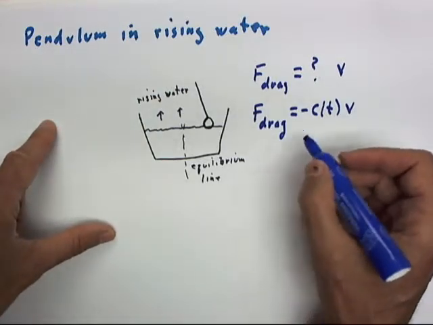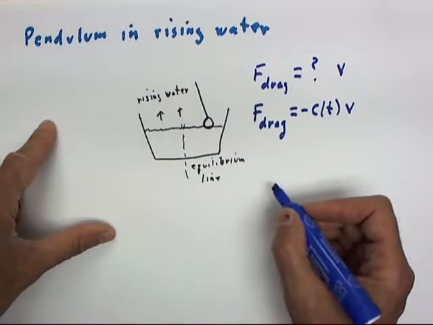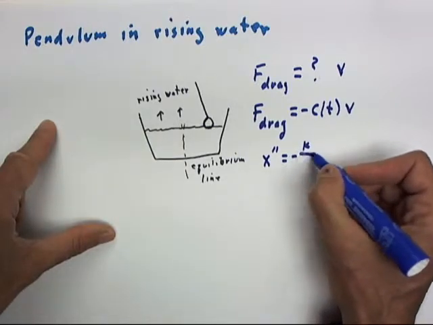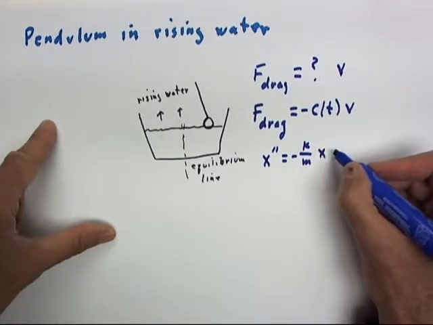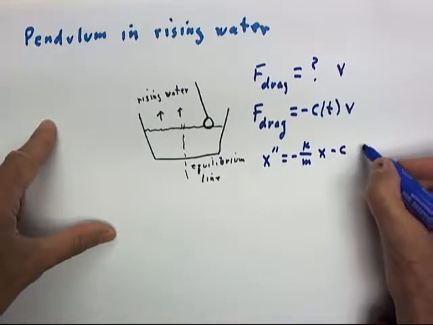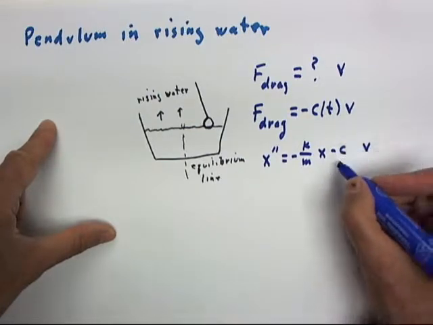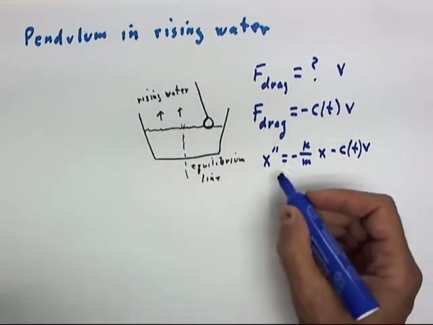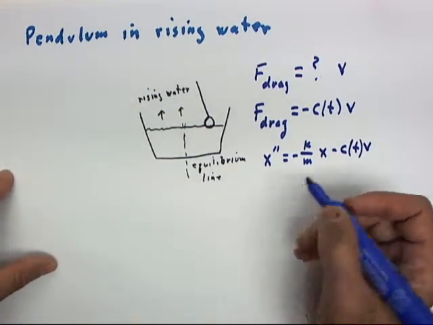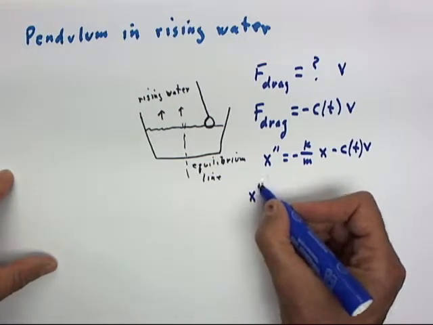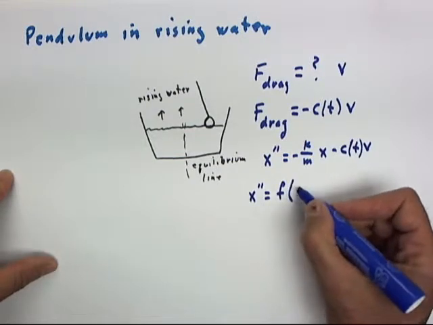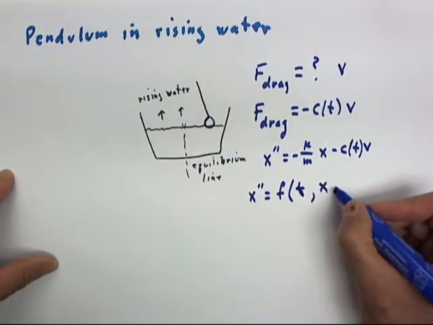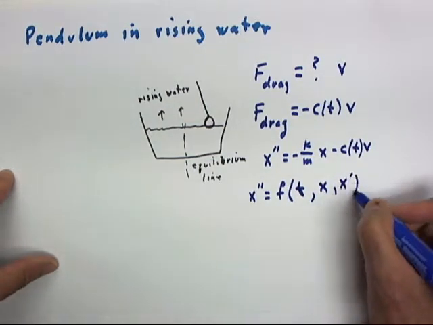of t times V. Now this leads to an equation very similar to the one we had before, but instead of x double prime equals negative k over m times x minus just a plain old constant times V, we're going to have to let C be a function of t so that C no longer stands for constant, and we have a function of this nature, and the way that we represent that function would be x double prime is some function of t, x, x prime.